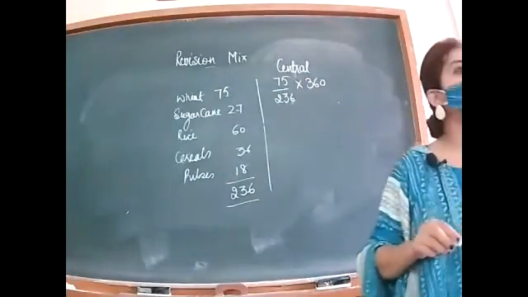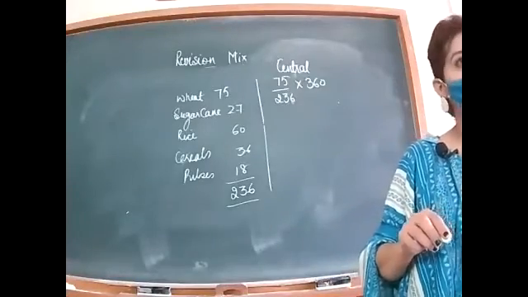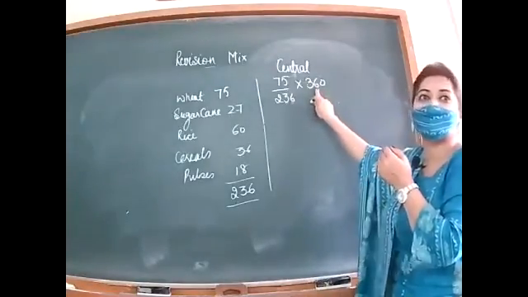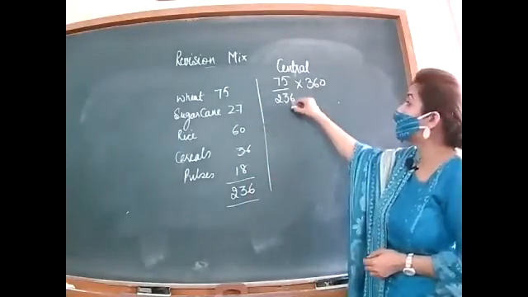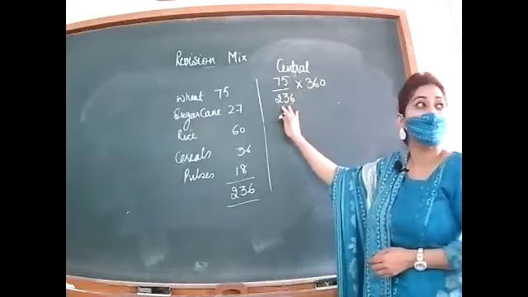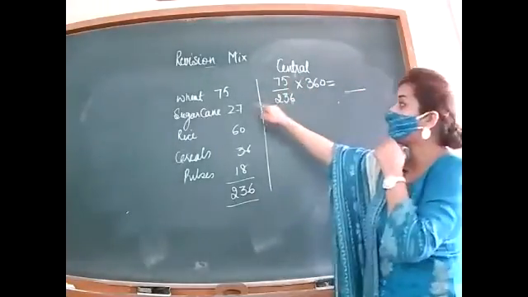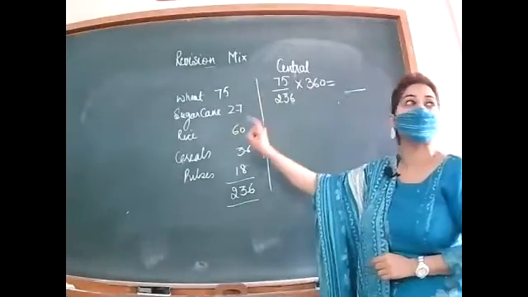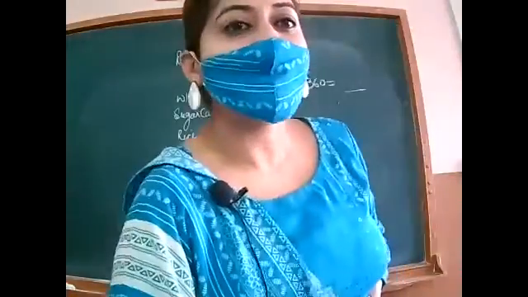If you want to remove degree, you divide by 360, and if you want to add degree, you multiply with 360. The total of all these terms I have written as 236. Please check the total, cancel it out, and you will get the answer in degree. Then in the same manner, you will find the degrees for the sugar cane, then respectively for each term. Hurry up, find the central angle for each.